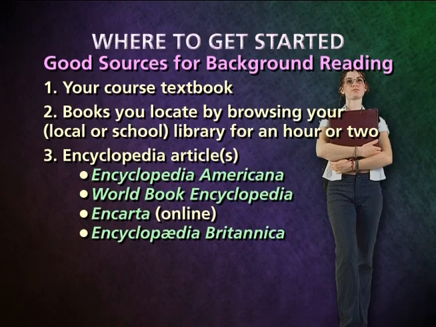And let's take a moment to talk about the structure of the Encyclopedia Britannica, since I am recommending that you use the encyclopedia as a good source of background reading, and in particular, the Encyclopedia Britannica is considered the most authoritative of all encyclopedias. So I recommend you start there. Some students find the Encyclopedia Britannica confusing because of its unusual format.